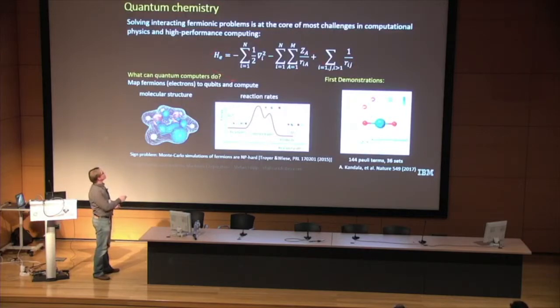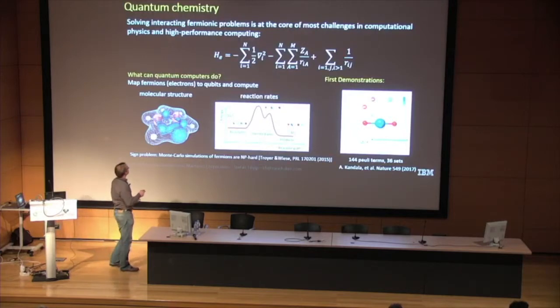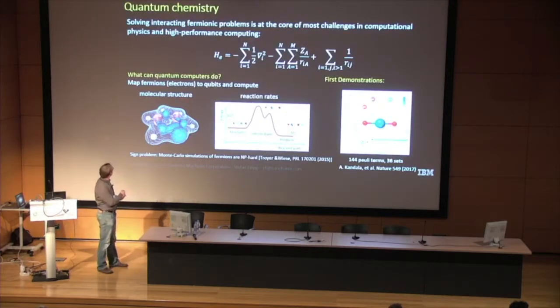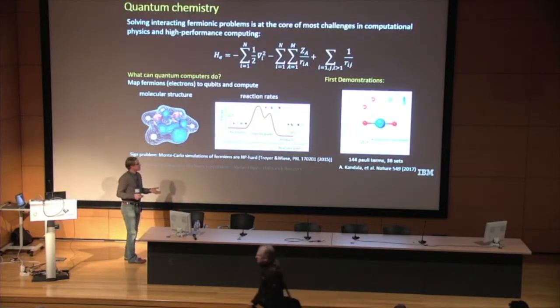So here we have the electronic configuration Hamiltonian. Finding the ground state of this Hamiltonian for a given electron configuration is an important question, which would provide us with the molecular structures, but also reaction rates, forces, and dynamics of molecular systems are of interest.